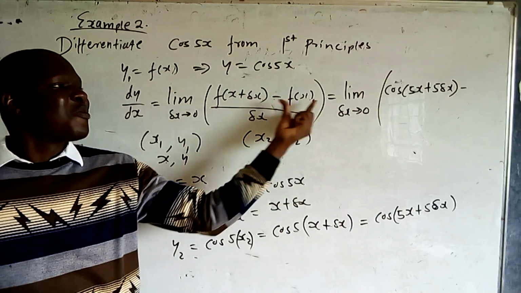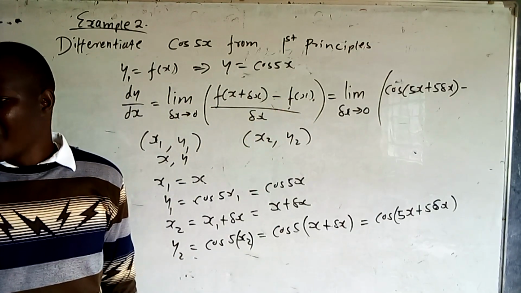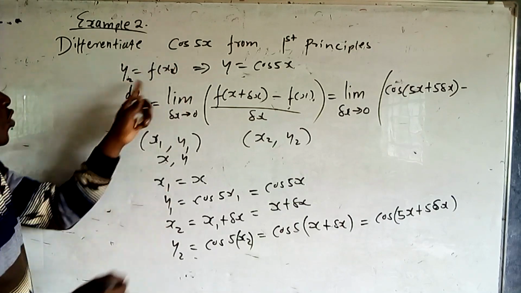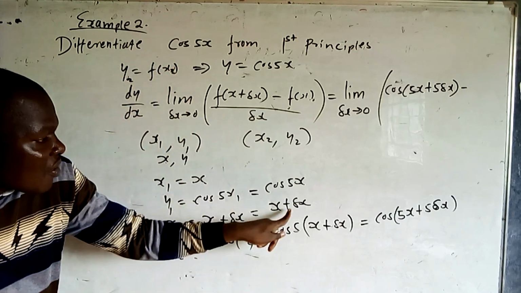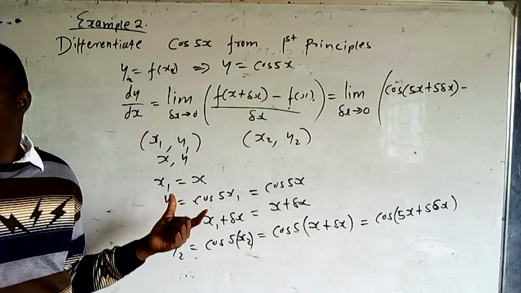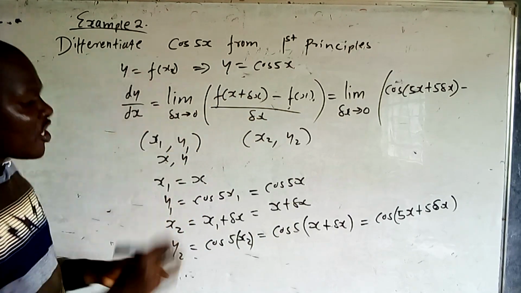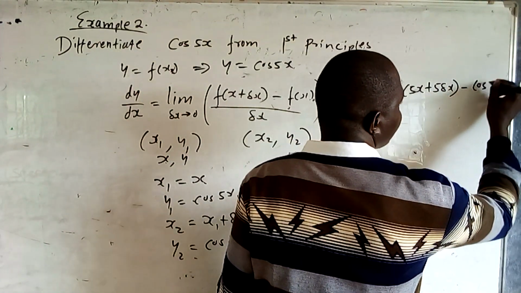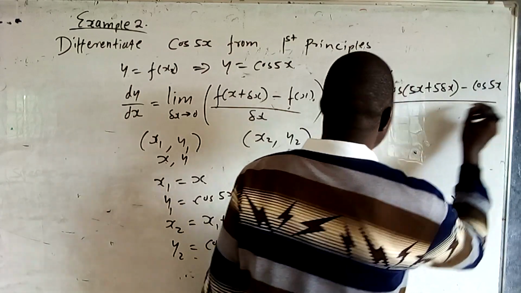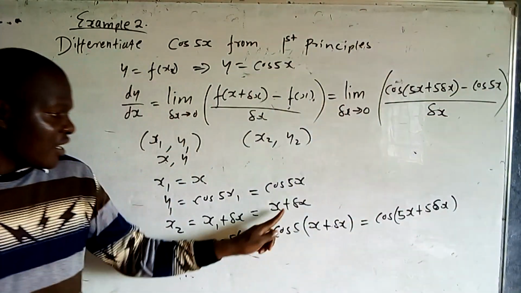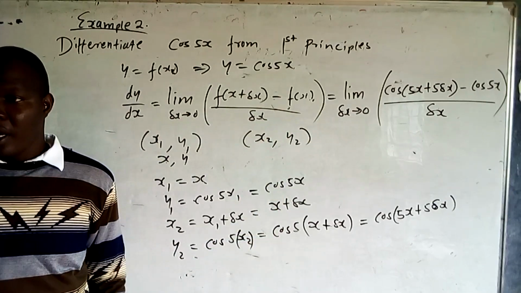For f of x2, where there is x2 you put x plus change in x, so this is y2. What is y1? Cos 5x. Then it is over change in x, which is x2 minus x1, so you remain with change in x.